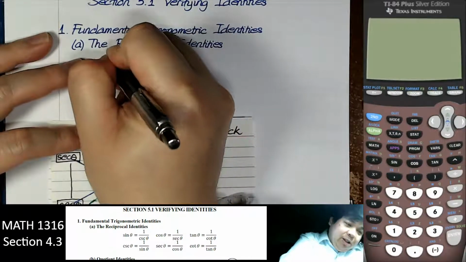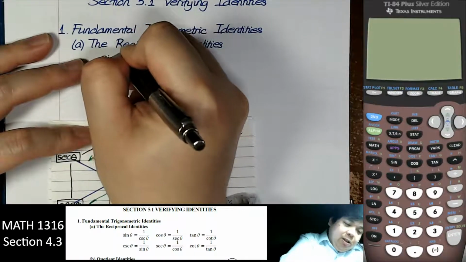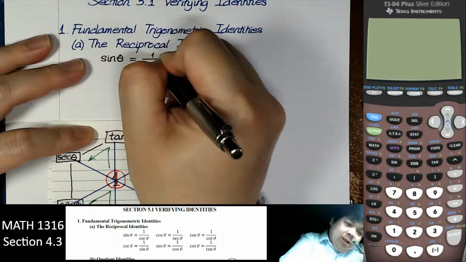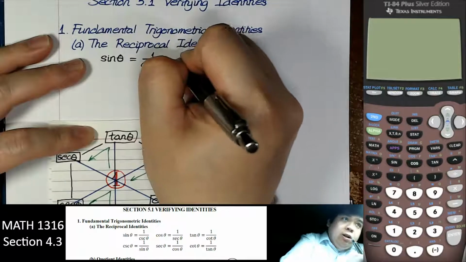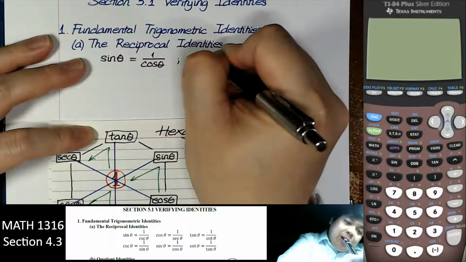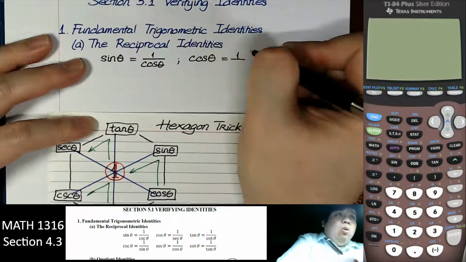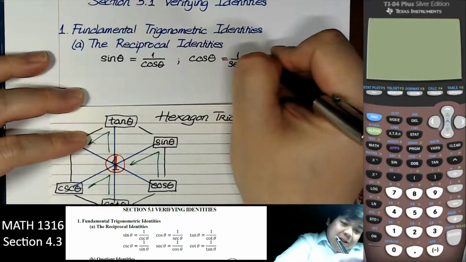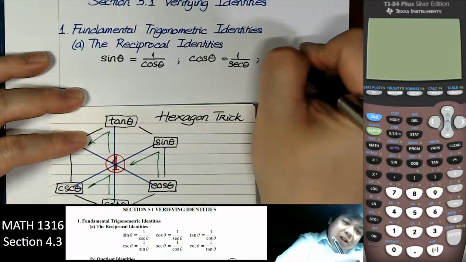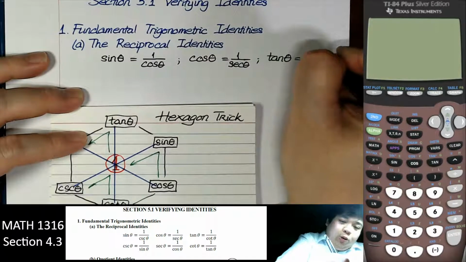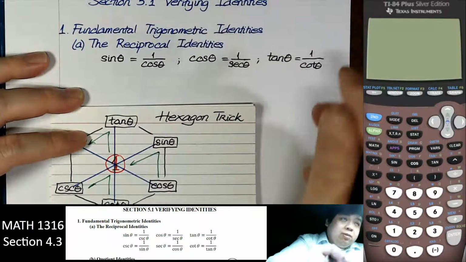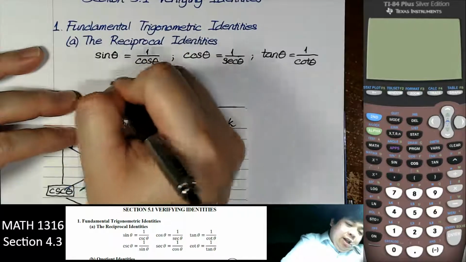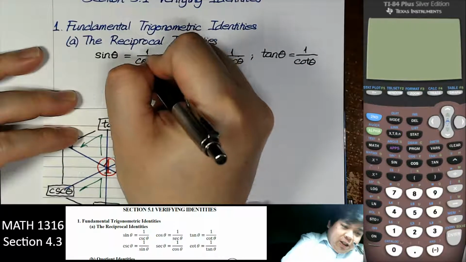So sine is 1 over cosecant, cosine 1 over secant, tangent 1 over cotangent. Alright, now this will be cosecant. I don't know why.